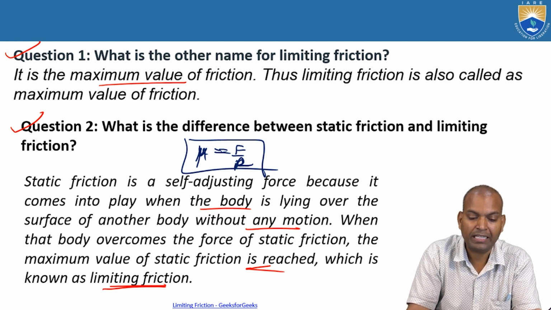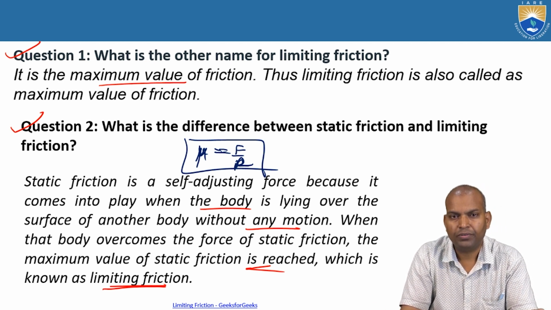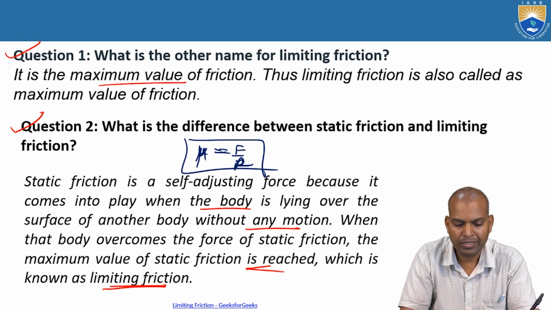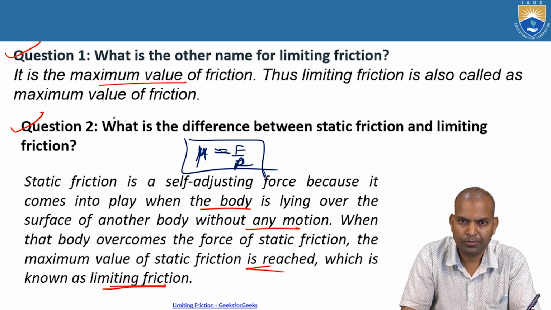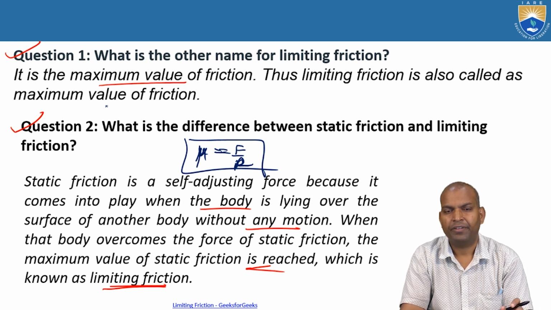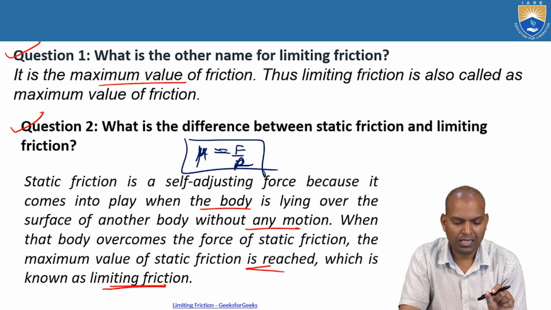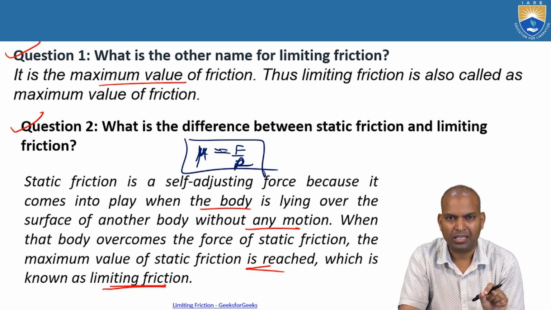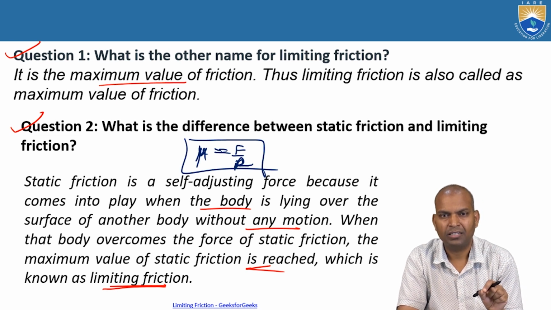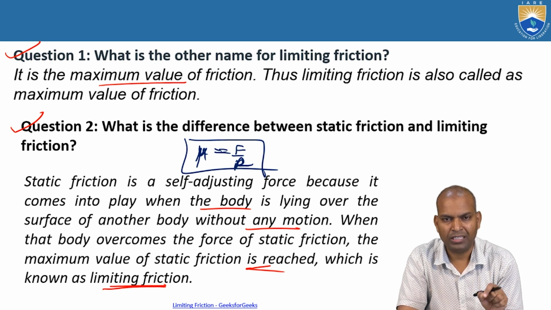Can you give some examples of friction? An example of limiting friction is when a vehicle is moving and you apply the brakes: the frictional force between the surface of the brakes and the wheel surface gives the maximum friction force.